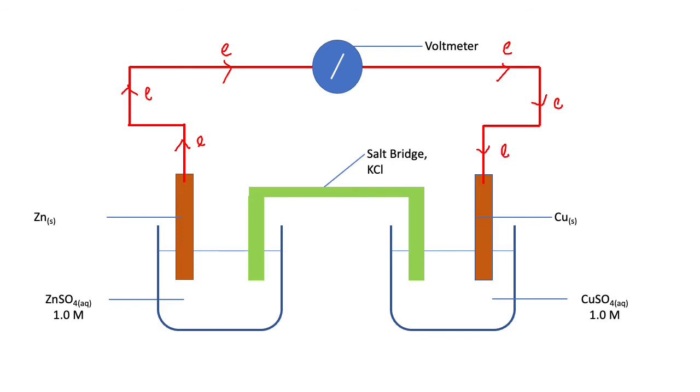And it is better if you write anode for this one and cathode for your copper sulfate. For your electrolyte, do not just write electrolyte. You have to write what your electrolyte is, together with the state and together with the value of the concentration.